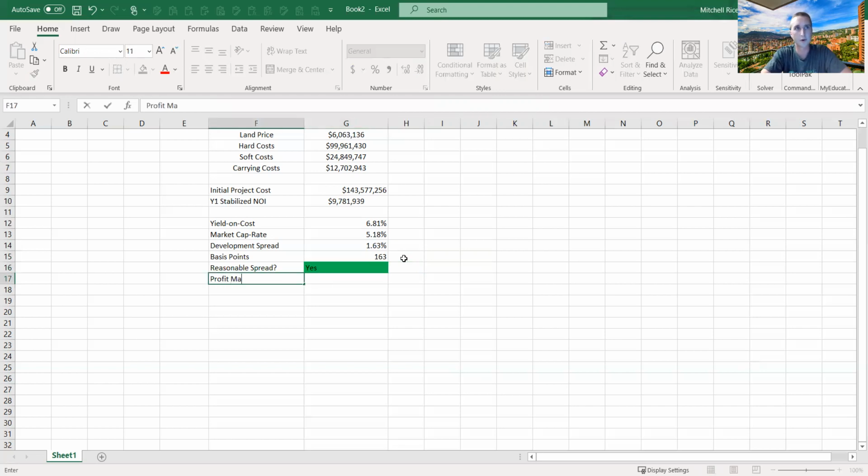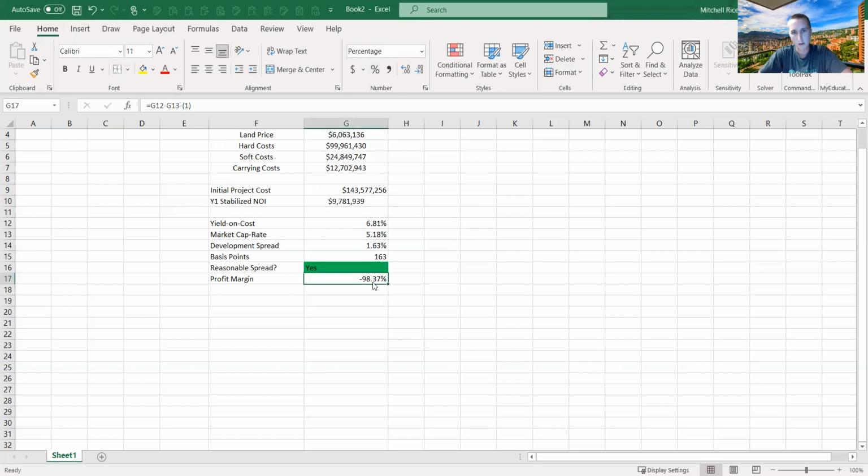Now you can take this a little further and calculate a profit margin. To find a profit margin, you take the difference between the yield on cost and the market cap rate that you're going to exit at, that you can sell at. You're going to, let's see, subtract. No, I'm doing something wrong. How did I do this?